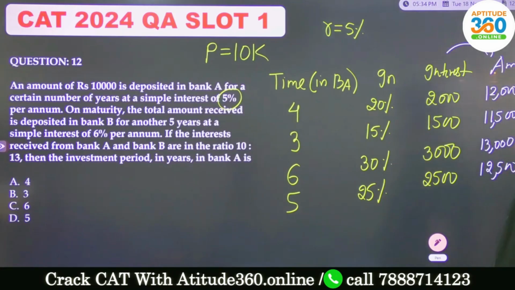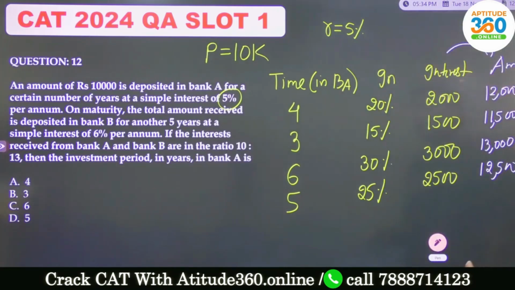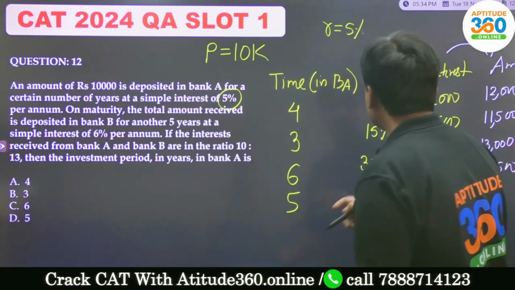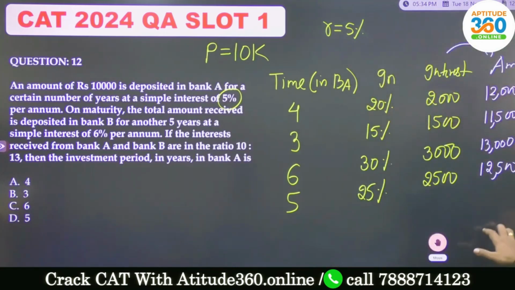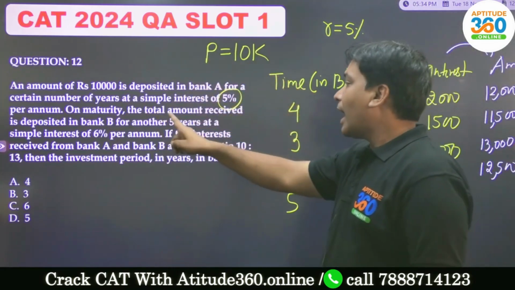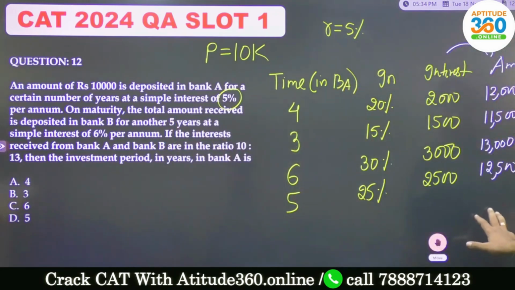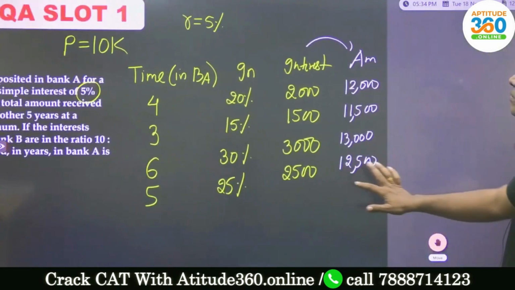So this is what is going to be the amount. Now it says that this amount gets deposited in another bank, which is bank B, at the rate of 6% per annum for 5 years.